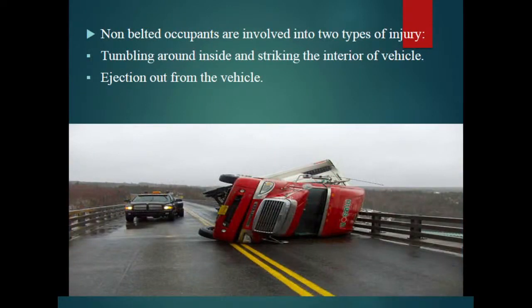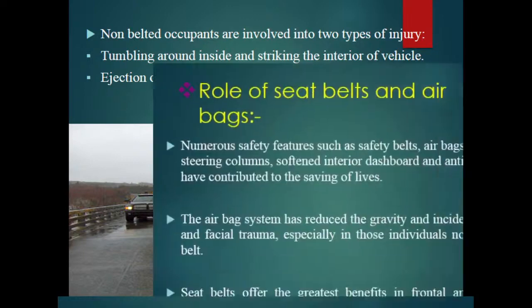Not belted occupants are involved in two types of injury: tumbling around inside and striking the interior of the vehicle, and ejection from the vehicle, sometimes with smashing beneath the vehicle.